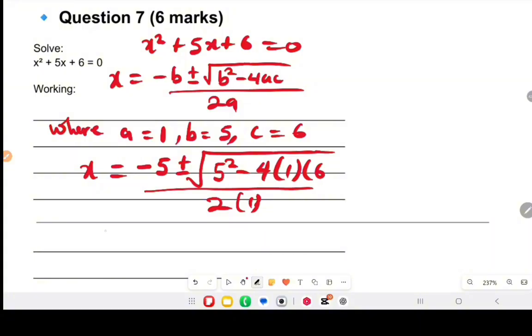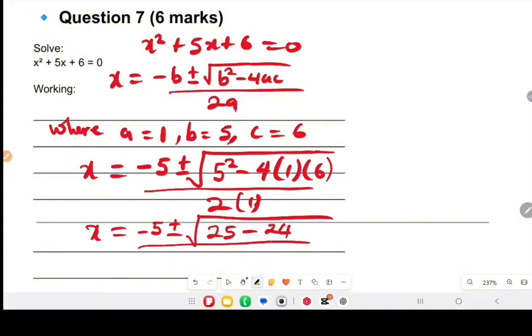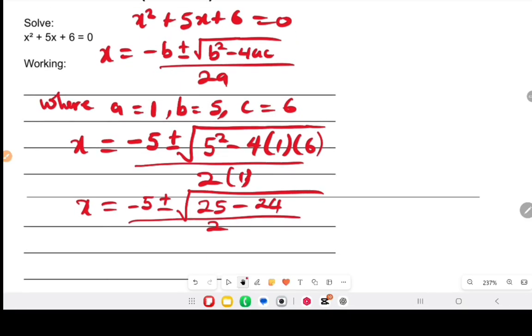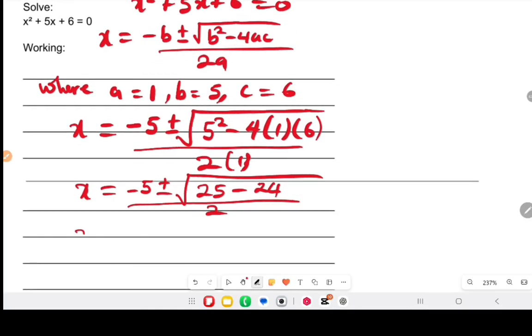When we continue, we have x equal to minus 5 plus or minus square root of 5 squared gives us 25, minus 4 times 1 times 6 gives us 24, all over 2. And this will give us x is equal to minus 5 plus or minus square root of 1. 25 minus 24 gives us 1, all over 2.